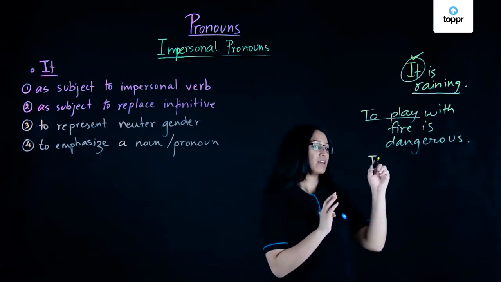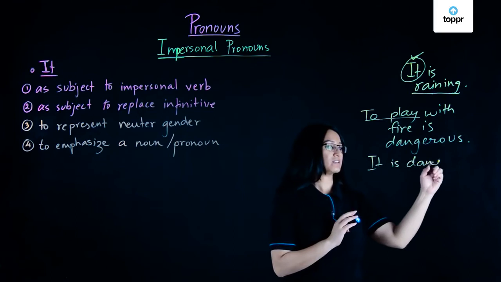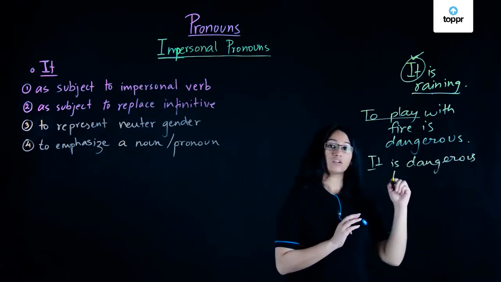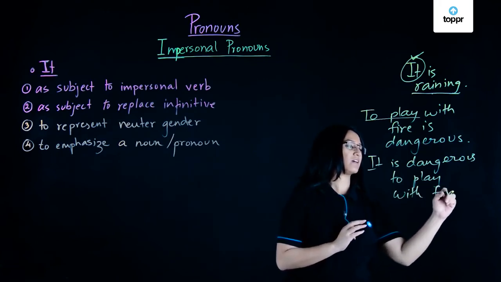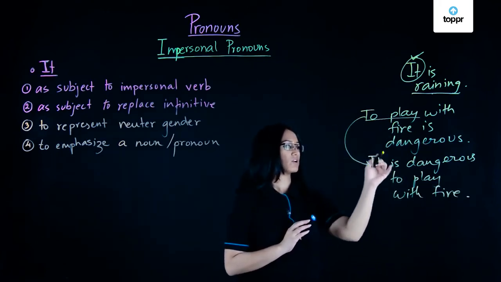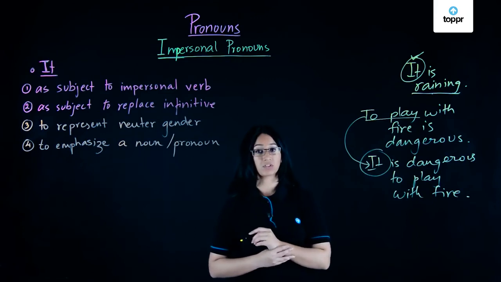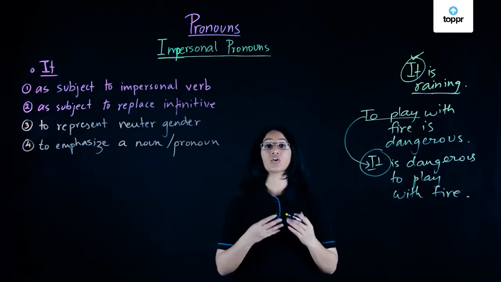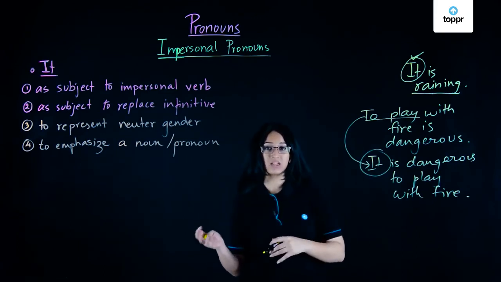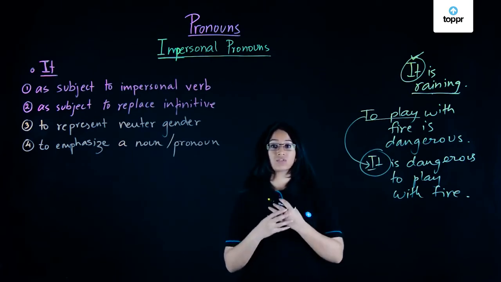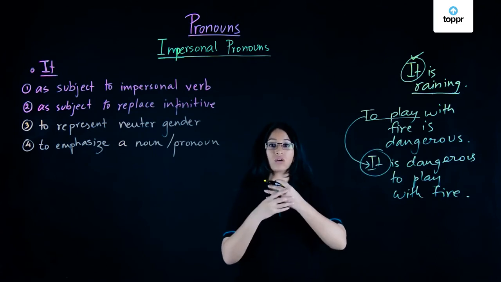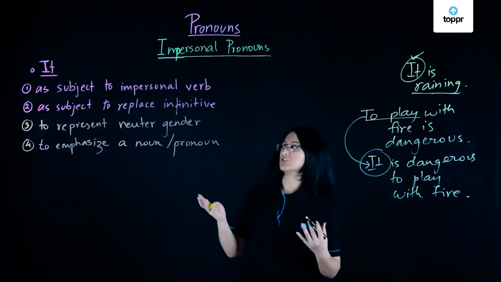So I can write, it is dangerous to play with fire. So here what I've basically done is I have replaced the infinitive with a subject, which is an impersonal pronoun, it. Again, it is not referring to something specific. It is a more general pronoun, which is referring to something non-specific or more general in its nature.